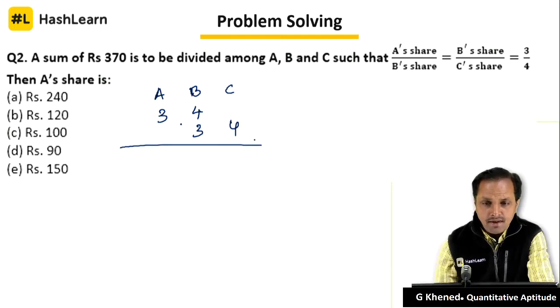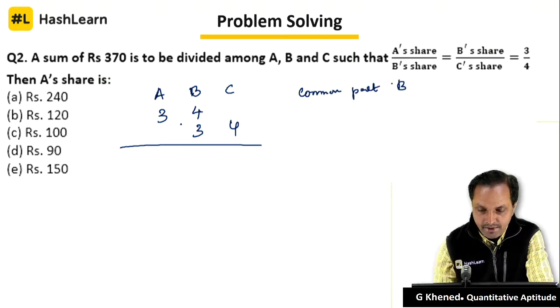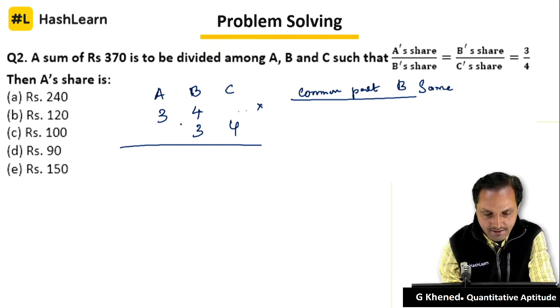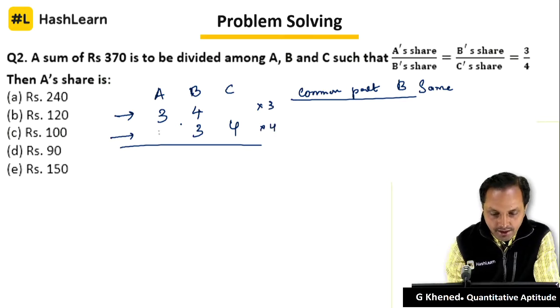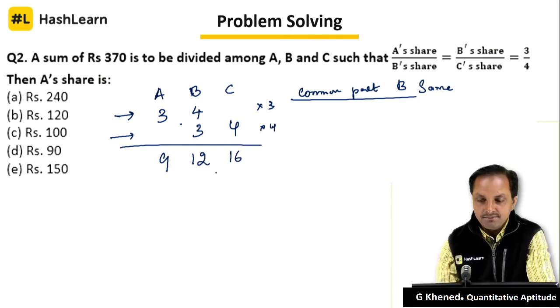See here, how will you make the common part, B, the same? You multiply the first row with 3 and the second row with 4, so that 3 into 3 is 9, 4 into 3 is 12, 4 into 3 is 12, 4 4s are 16.